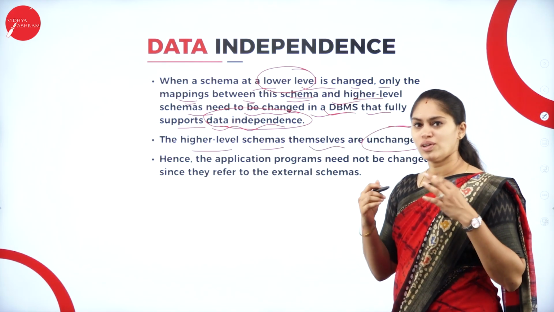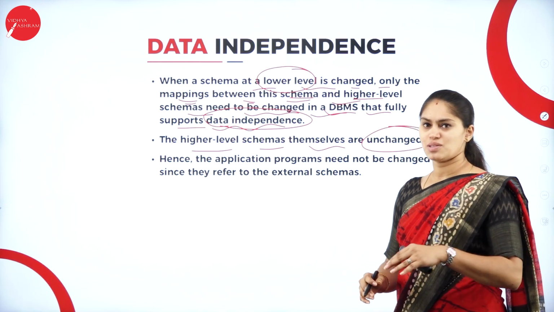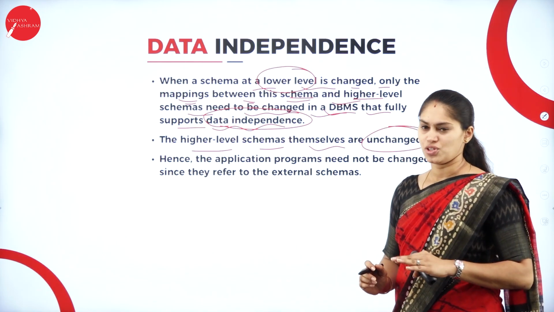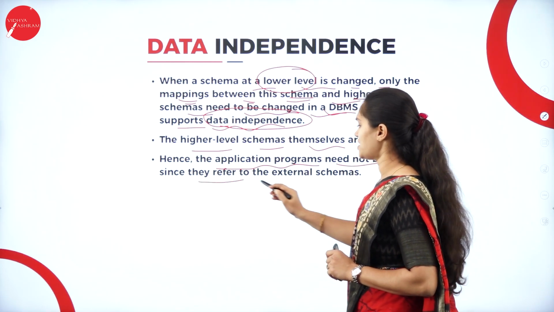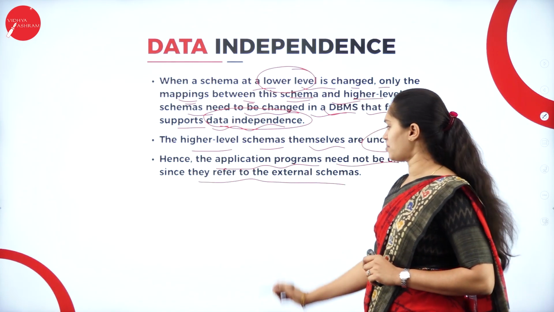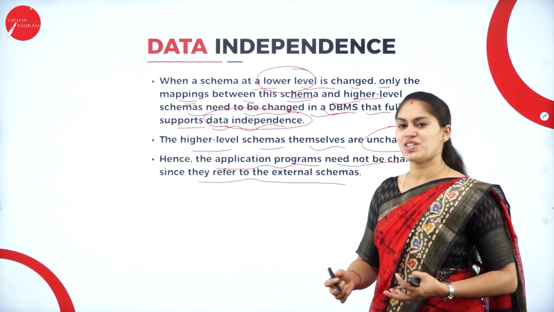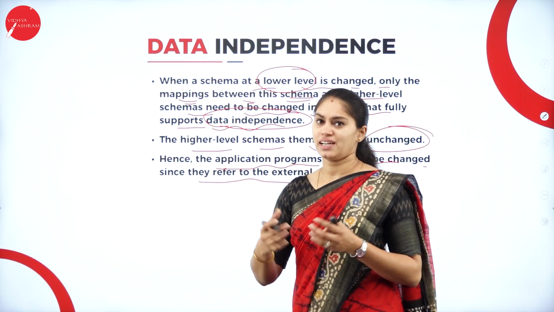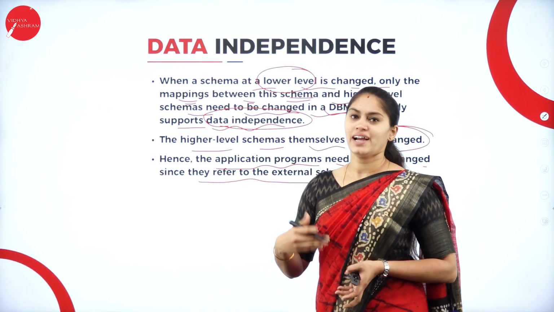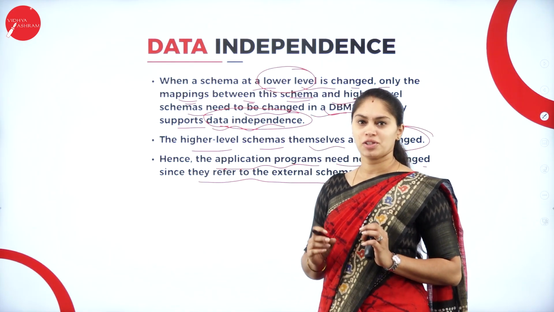So we do the modification only at the internal or conceptual level, so that the application programs need not be changed, since they refer to the external schemas. Application programs will not change; only the structure, constraints, rules, and the internal storage of file records and indexes will change.